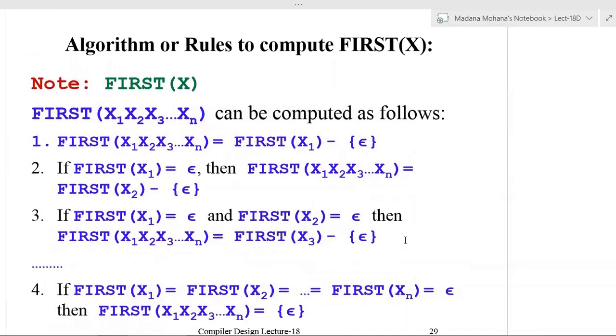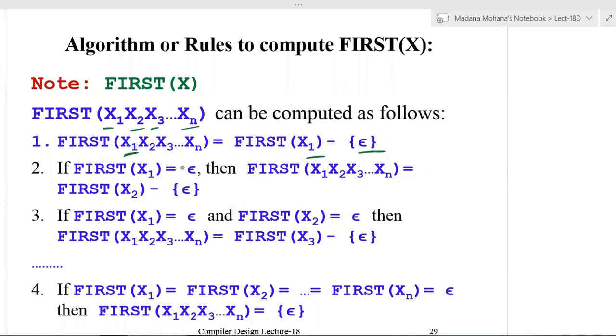Finally, let us come to one note here. Suppose the first of x1, x2, x3 and so on to xn can be computed as follows. As for rule 3 and rule 4, first of x1, x2 and so on xn equal to first of x1 minus null. Here x1 contains null, then you can add non-epsilon symbols of first of x1 to this one.